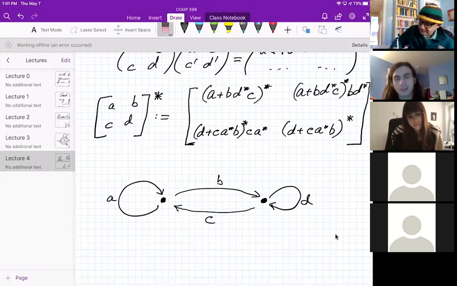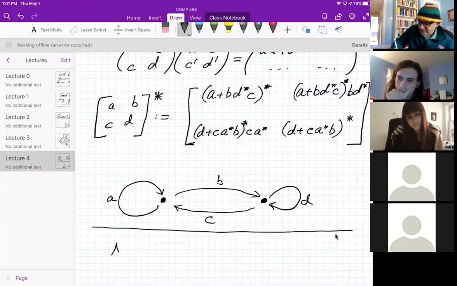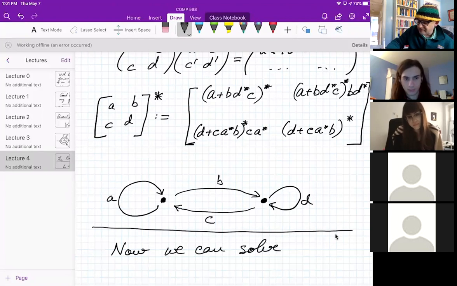And now, whoa, sorry, that was erased. Now we can solve matrix vector equations.